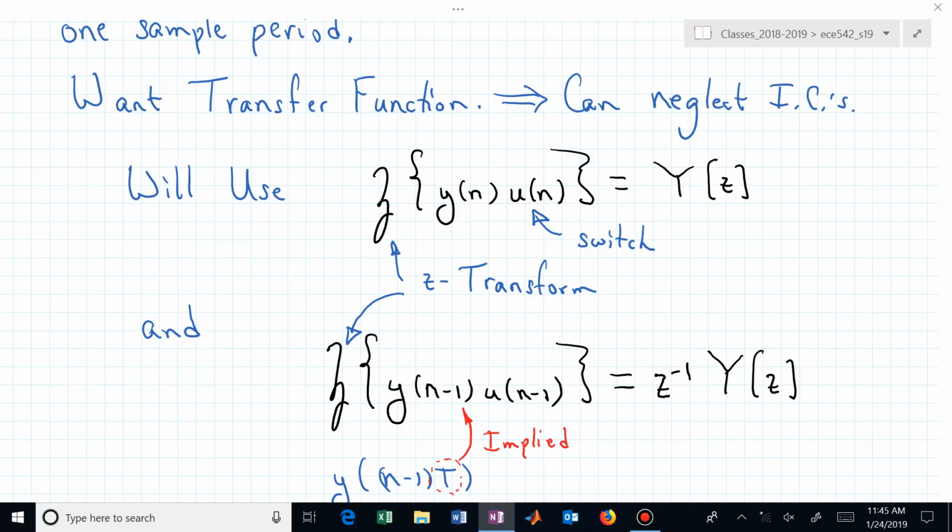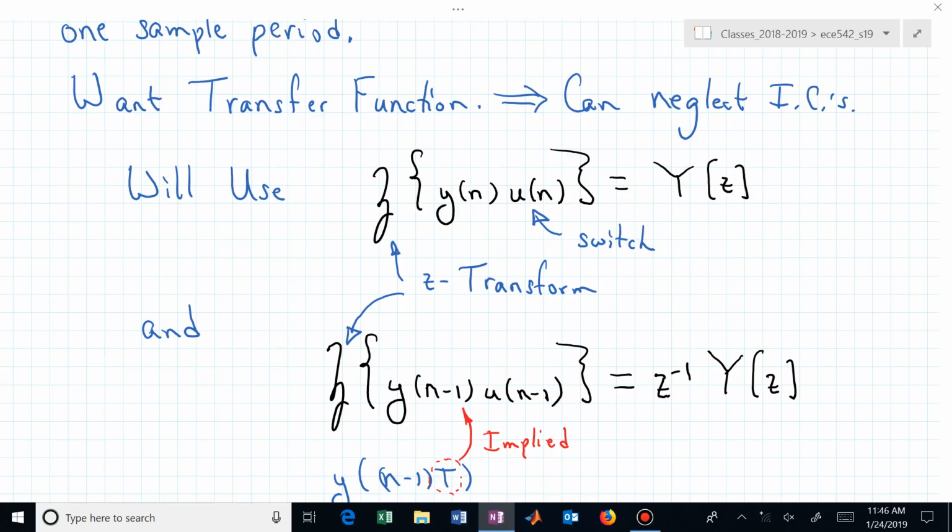First, this first row says the z transform, this script Z with curly brackets, of y of n times u of n. Don't get too hung up on the product of these two waveforms. U of n here is the discrete time unit step, and we're using that as a switch to turn on y of n.